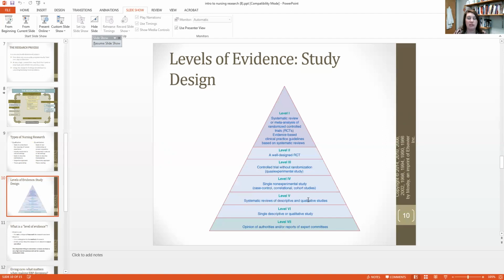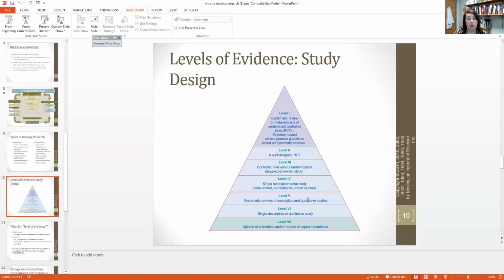Every stage of this has valid approaches to how they are doing their studies, but it is worth us noting as researchers that they're not all the same in the level of rigor that goes into them.